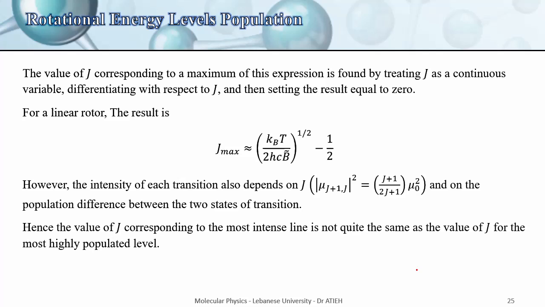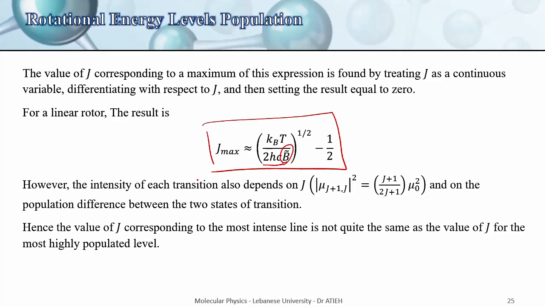We do the derivative. We put our derivative equal to 0. We search for this maximum and we try to find j. Once finding j, we will get for a linear rotor that j maximum equals radical kBT over 2hc B bar, minus half. I will prove this formula in the exercises later and how to find it using Maxwell-Boltzmann distribution.